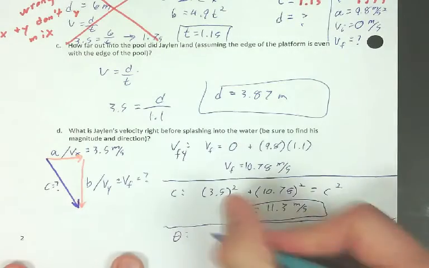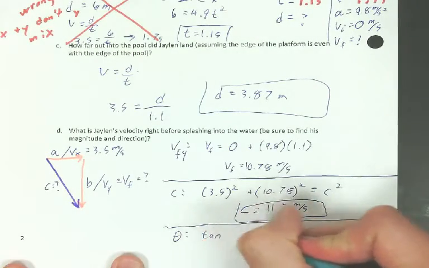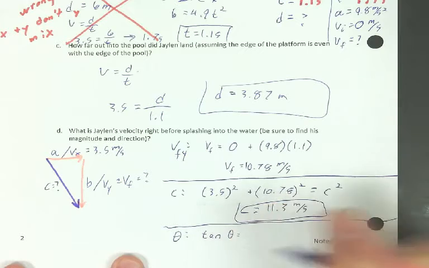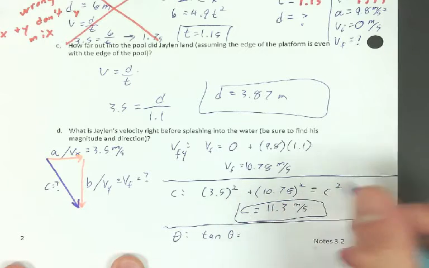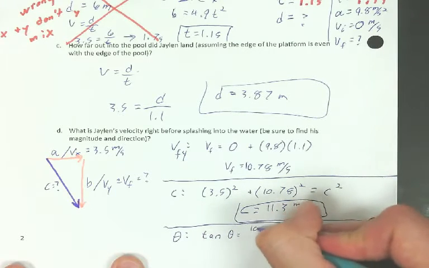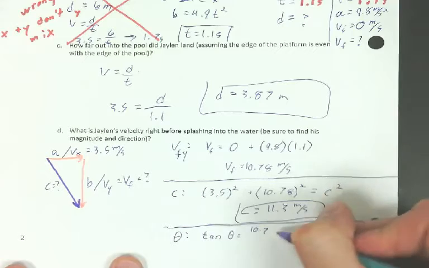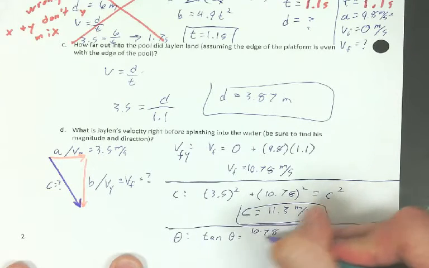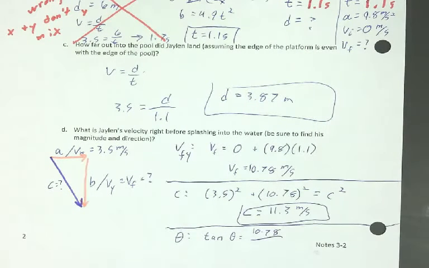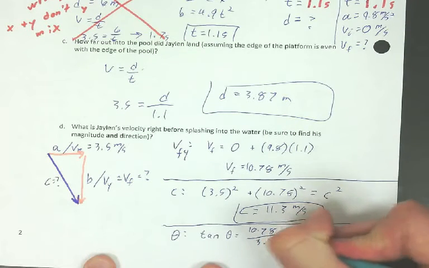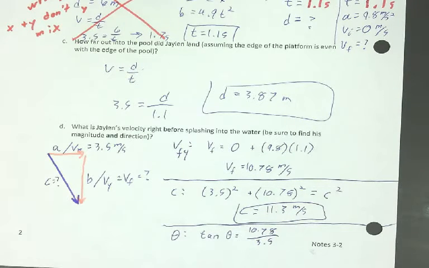So tangent of the angle, which I don't know, is equal to b over a. So b is the 10.78 over a, which is 3.5. So you would divide those numbers out first.